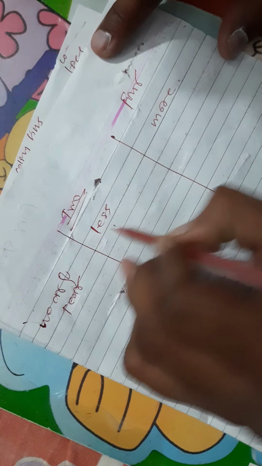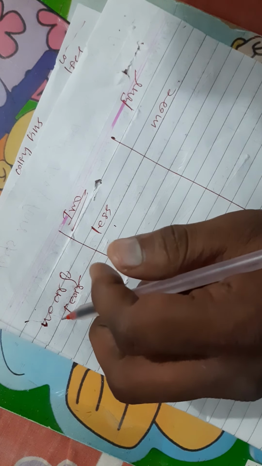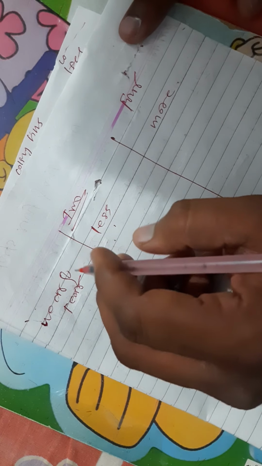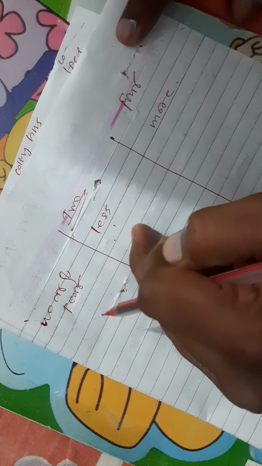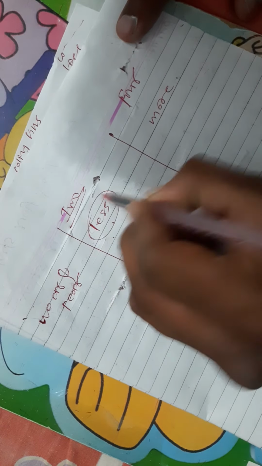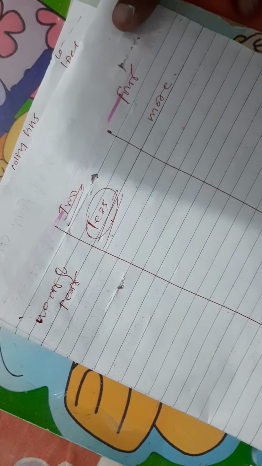Why less wear and tear in the two-stroke? Because there is only one revolution. Due to only one revolution, friction is reduced, and due to reduced friction, wear and tear is also less.